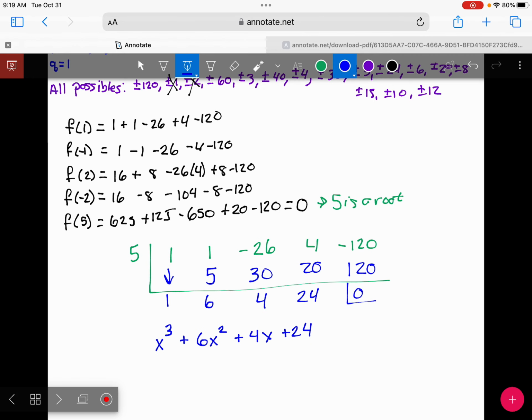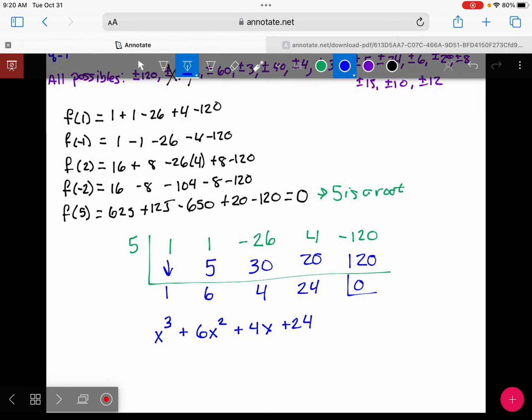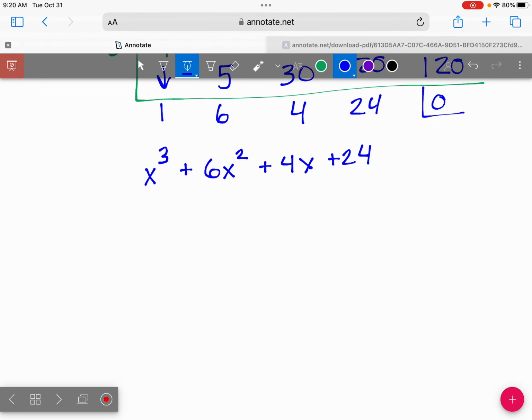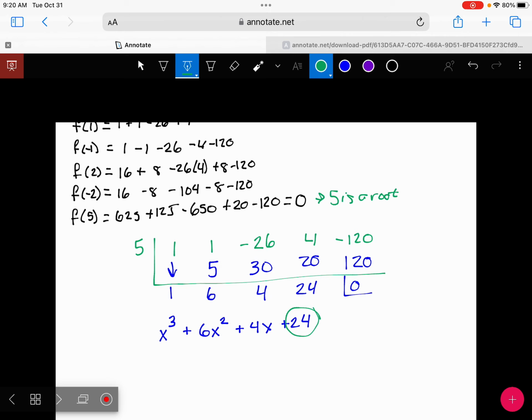Do I have to go back to my giant list of options? Can I maybe narrow it down? Because we have a new p-value. What's our new p? 24. So our answer has to now be a factor of 24. So I have a whole lot of things in that list I can eliminate.